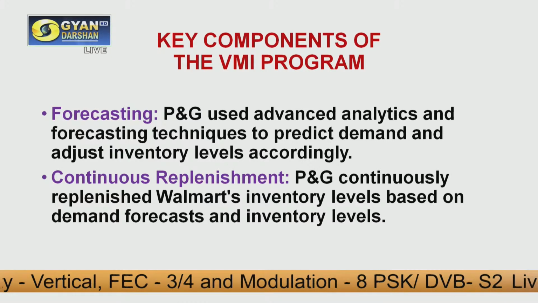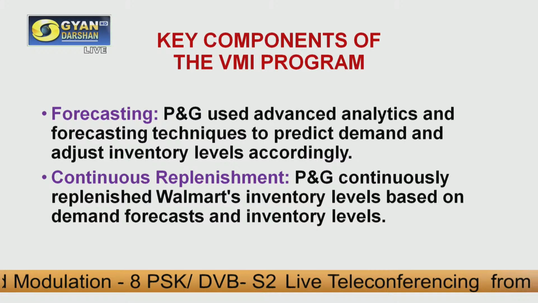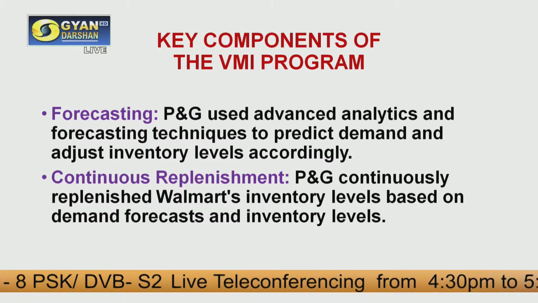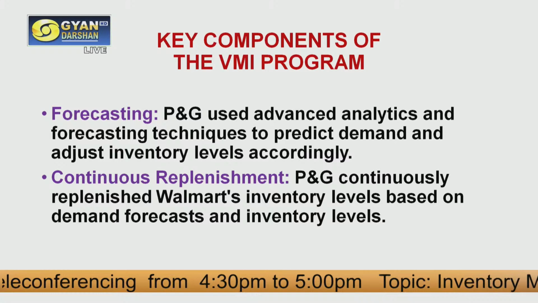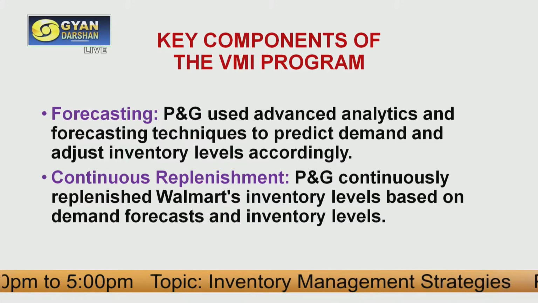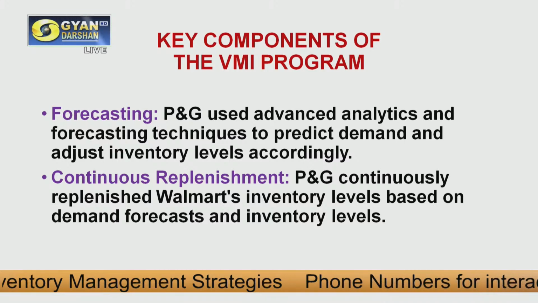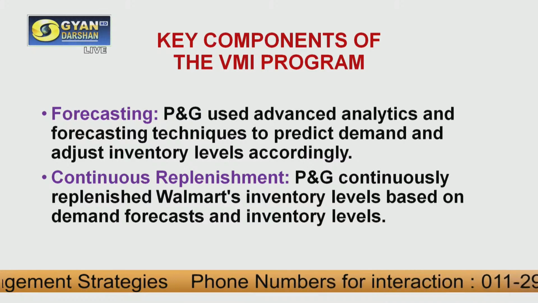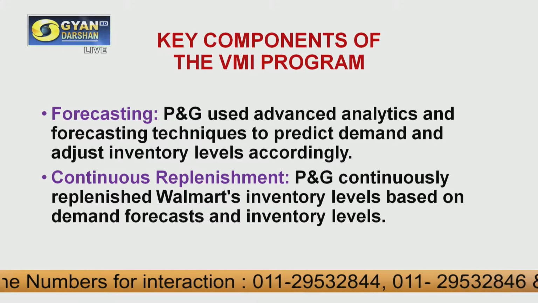Another important component was forecasting and continuous replenishment. On the basis of the real data provided by Walmart, Procter and Gamble used advanced analytics and forecasting techniques to predict the demand and adjust the inventory level according to the demand.